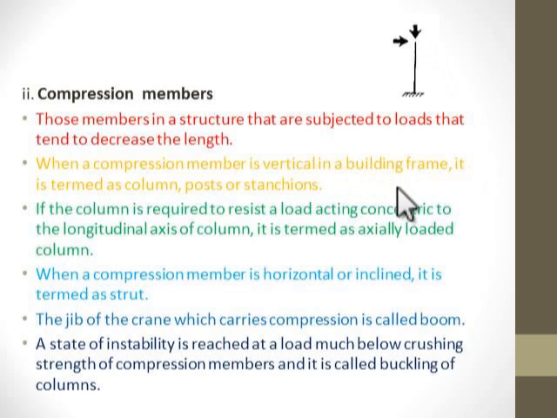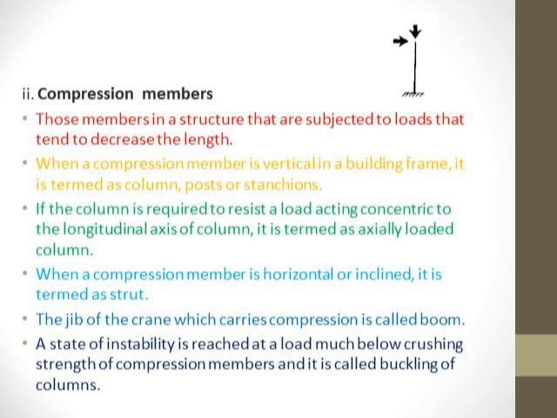When a compression member is vertical in a building frame, it is termed a column, post, or stanchion. If the column is required to resist a load acting concentric to the longitudinal axis, it is termed an axially loaded column. When the compression member is horizontal or inclined, it is called a strut. A strut may be concentrically loaded or loaded through one leg, so it can be eccentrically loaded also.